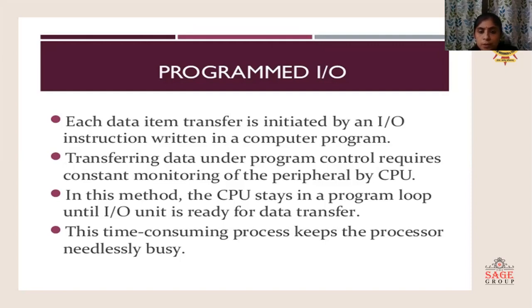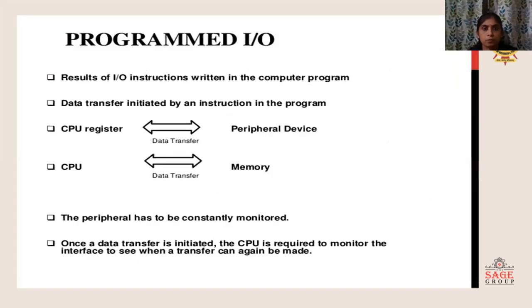In this method, the CPU stays in a program loop until input output unit is ready for data transfer. The biggest disadvantage of this method is it is a very time consuming process, and the processor is all the time busy in monitoring process of input output device for the data transfer.